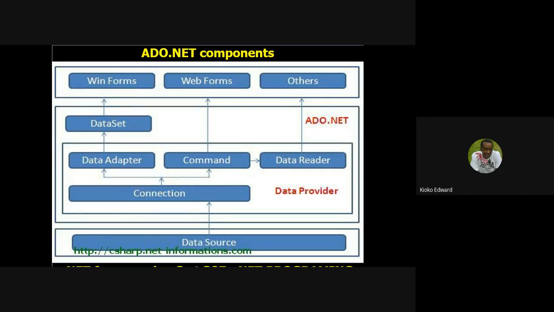The adapter allows us to execute updates on the database. When we are executing the updates, we shall do that through the data set. We said the data set is a cache of all the records we have in our physical database.